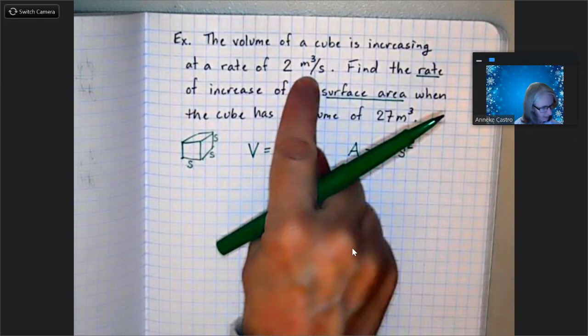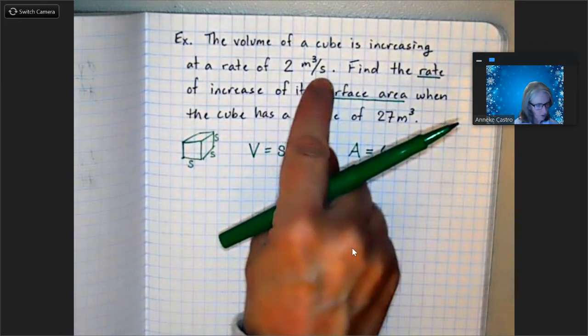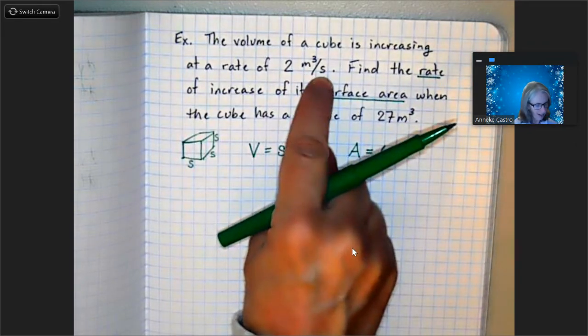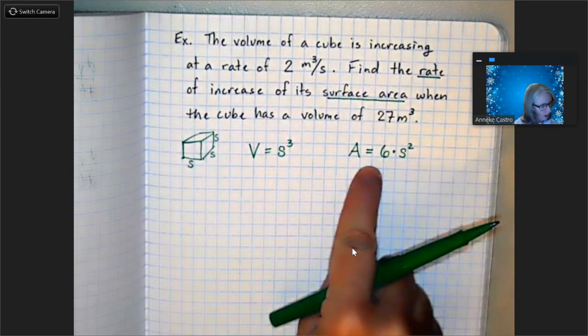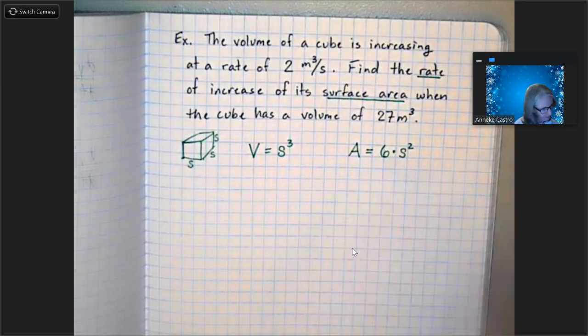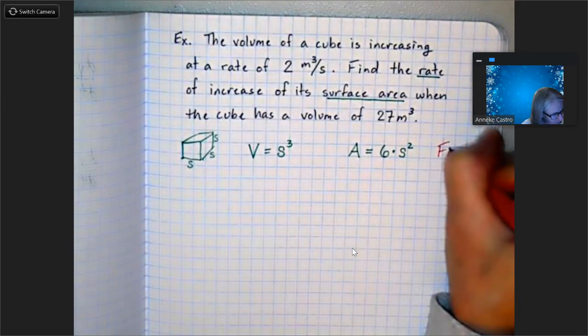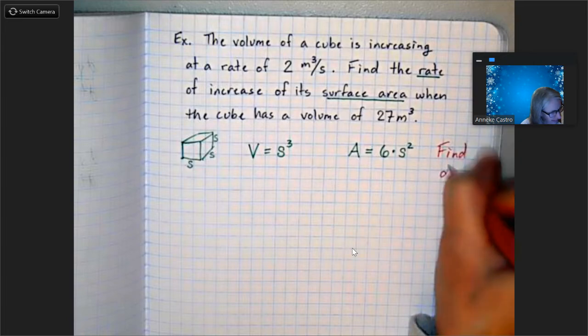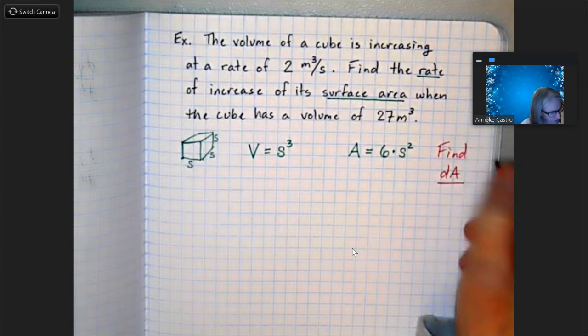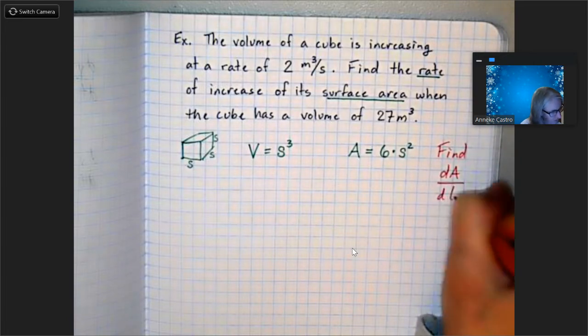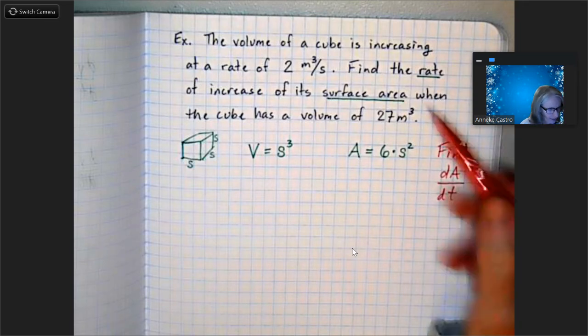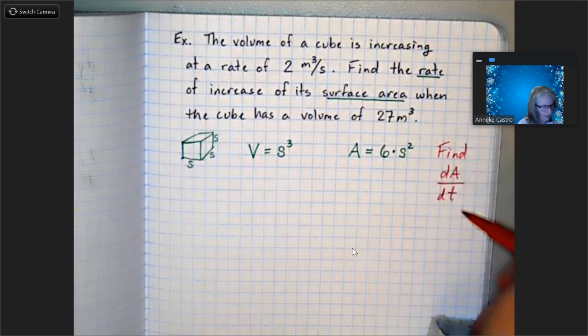Because notice here we have a rate in regards to time, meters cubed per second. So what do I need to find? I need to find dA, change in surface area, in regards to time, the rate of increase of the surface area, dA/dt.